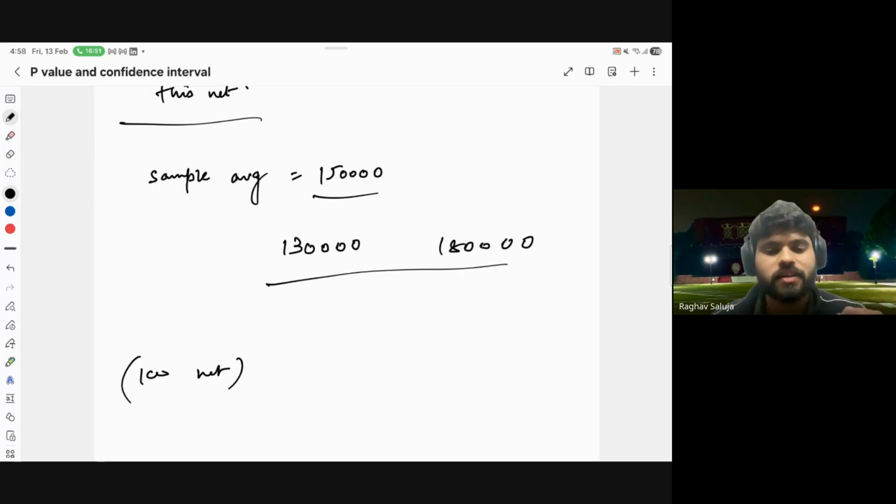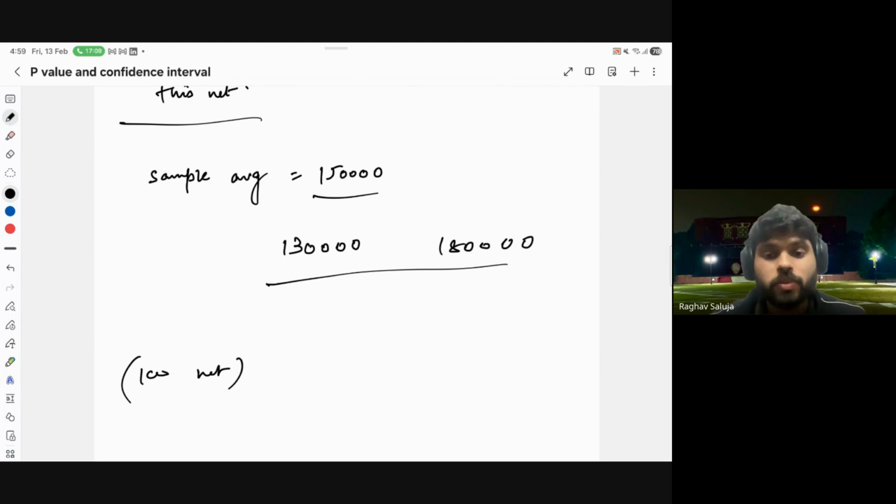That is what confidence interval means. You go and try to catch the fish 100 times, you throw the net 100 times, and out of those 100 times, 95 of the times you're going to catch the fish. That is what 95% confident means.